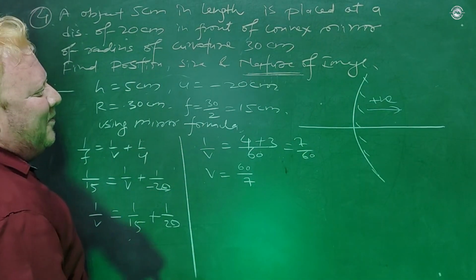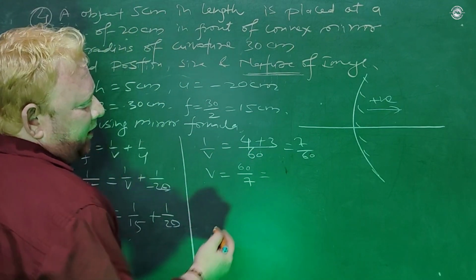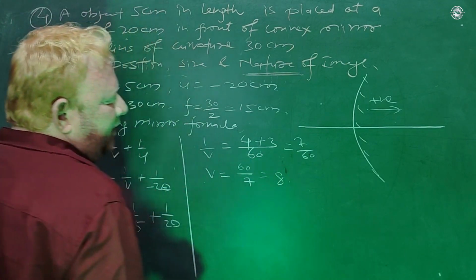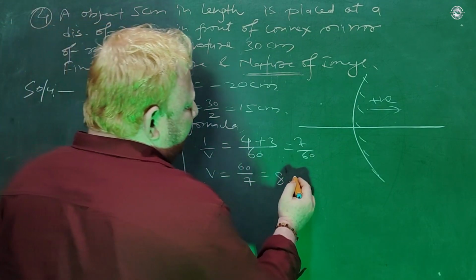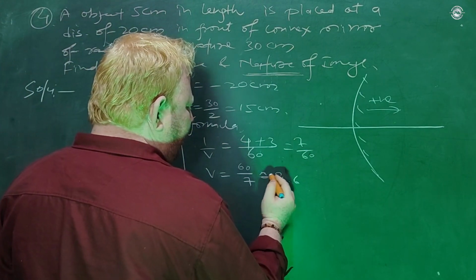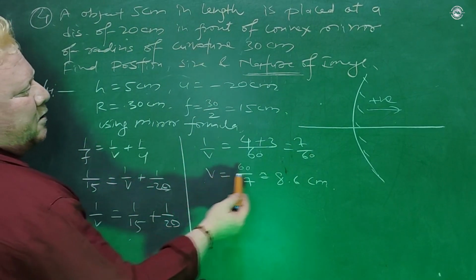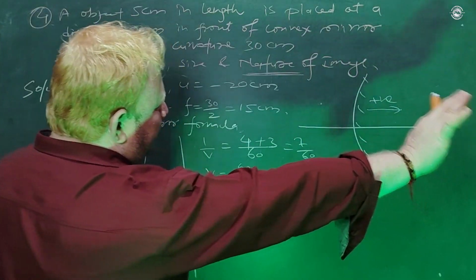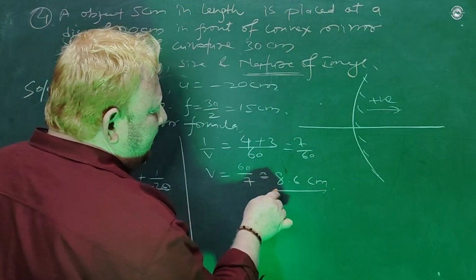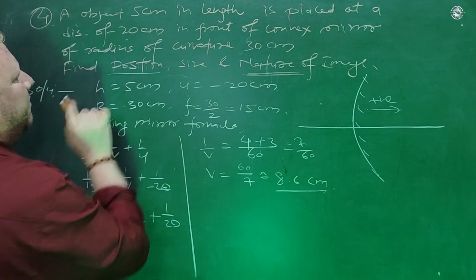Up to now you are on a good track, and that will come out to be 8.6 centimeter. So v is equal to this much. Of course, behind the mirror at this much distance the image is being formed. So this is our position.